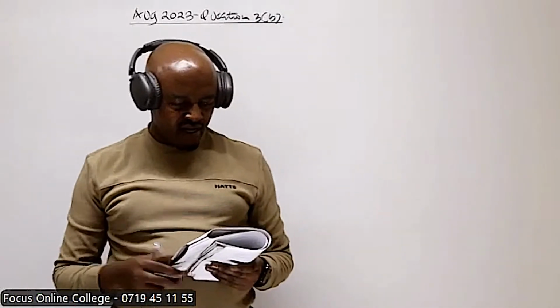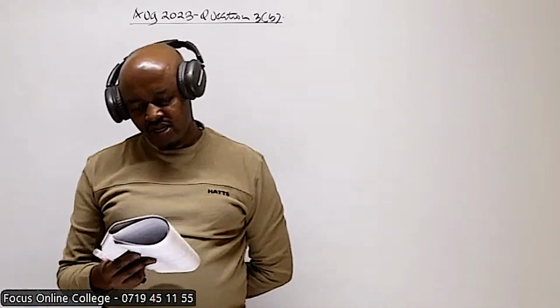Question number 3B. The following figures appeared in the consolidated statement of profit or loss and other comprehensive income of HNL Group for the year which ended 31st of July 2023, together with the comparatives for 2022. So we're given figures for 2023 and 2022.